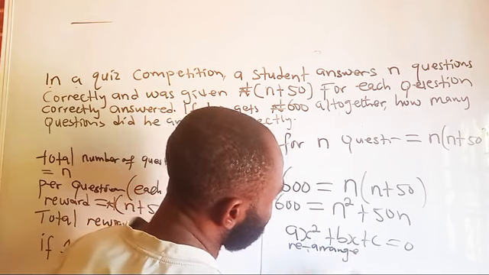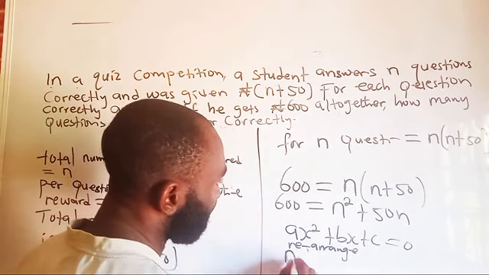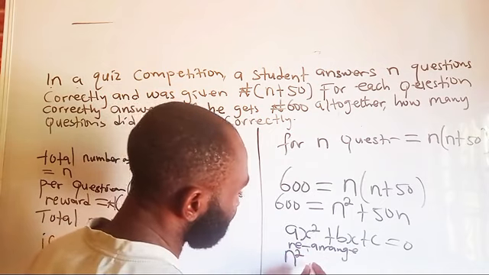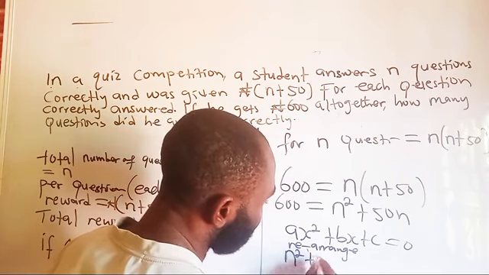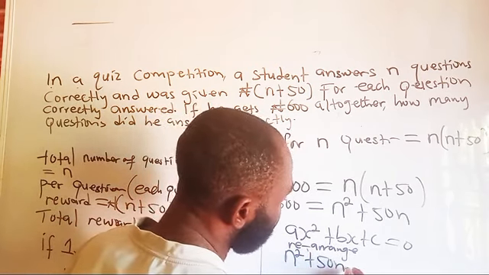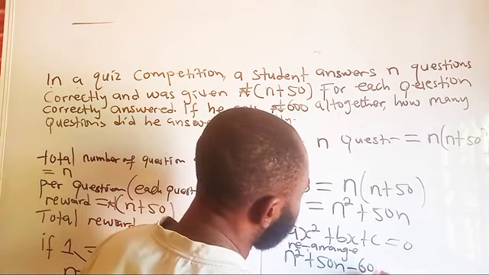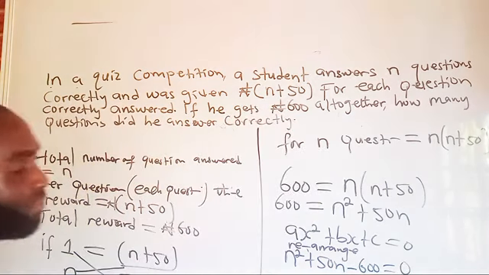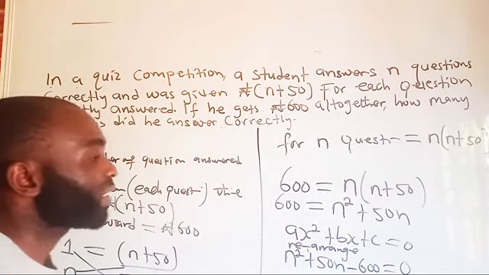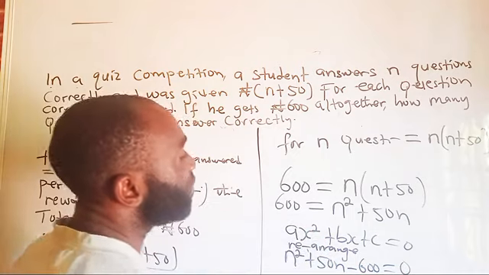we have n square plus 50n minus 600 equals 0.